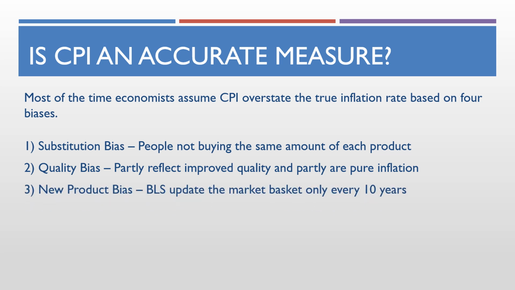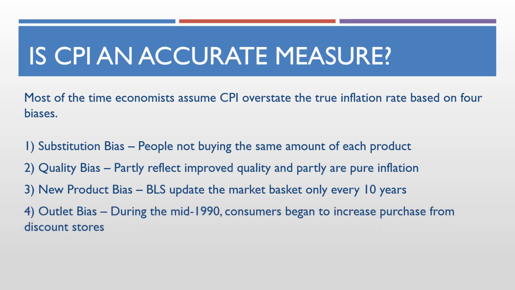Third, new product bias, right? Something that might be non-existent 10 years ago may be becoming very popular today. The Bureau of Labor Statistics updates these baskets every 10 years, but it might not capture current new product developments quickly enough.